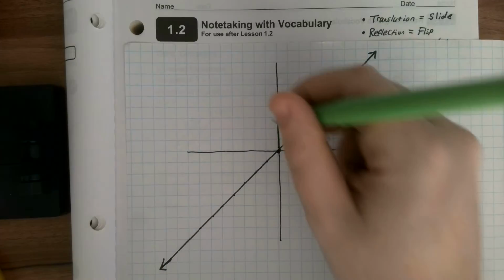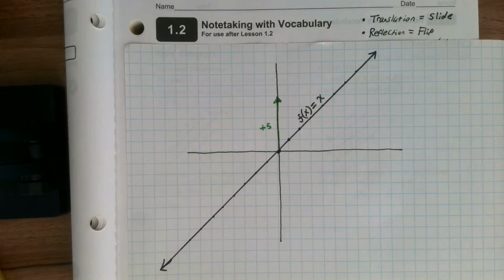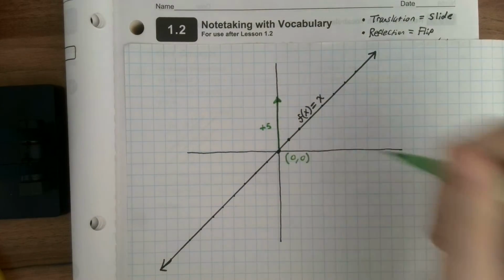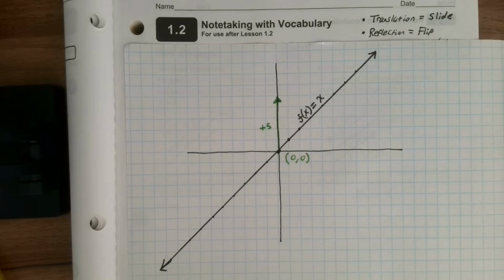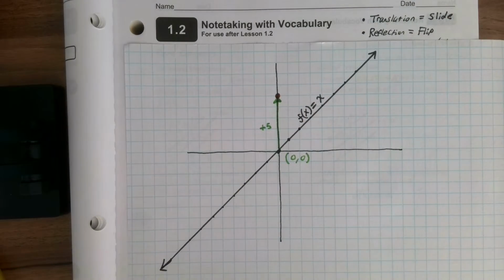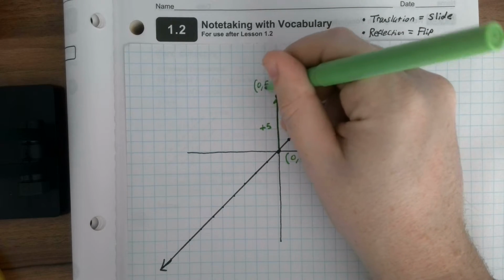In order to move up 5, we're adding 5 to the y value of every point. So originally, we had 0, 0. What's our new point going to be? Well, this new point is going to be at 0, 5.